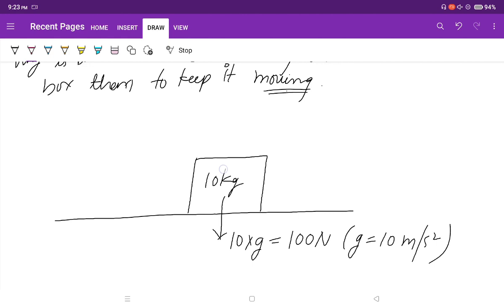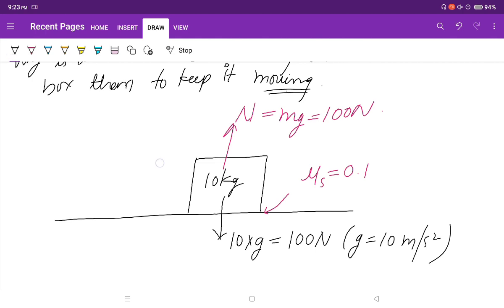And this block or box will have the normal N, which will be equal to mg, equal to 100 newton. Now let's take the friction coefficient mu s equal to say 0.1.